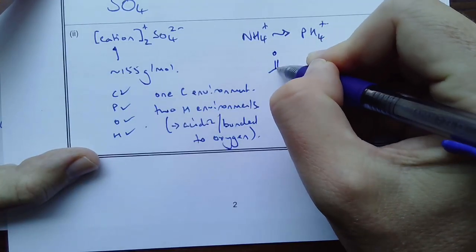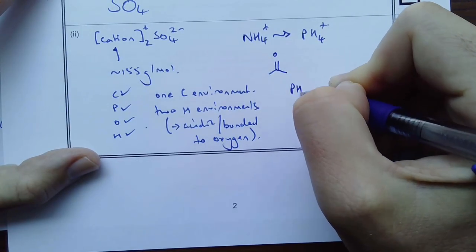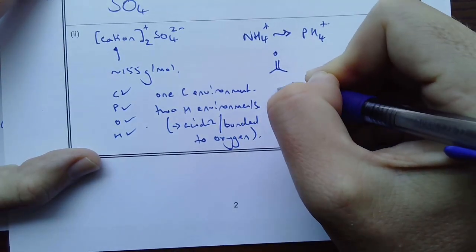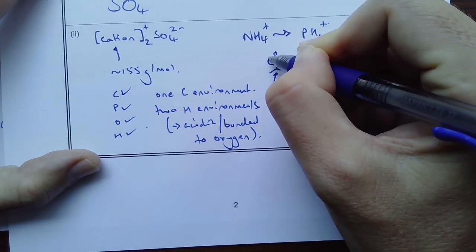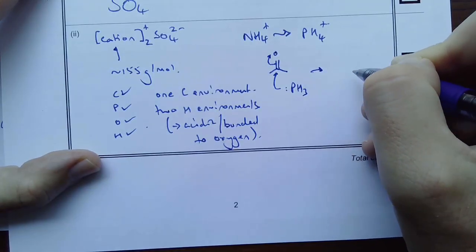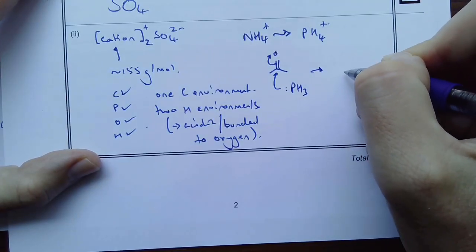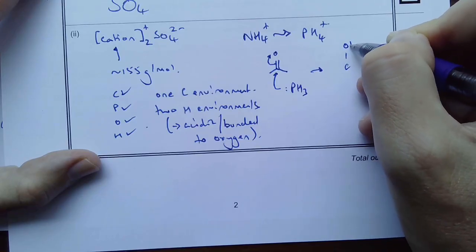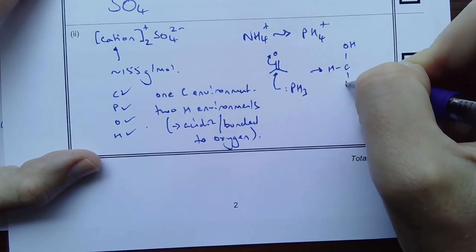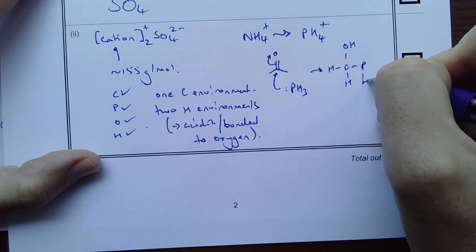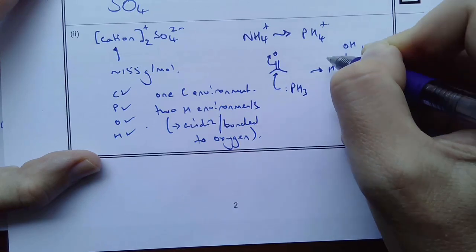I don't know for certain, but I assume PH3 is going to come in and give me something like CH3OH, and then PH3.